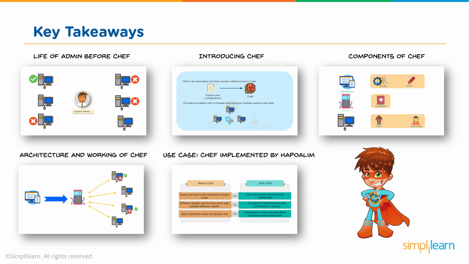And Knife is the tool that does that communication. Ohai and the Chef client on the various node servers will communicate back to the Chef server what the standards and the environment are, so that they can provide a two-way communication to validate that the system has been set up and is being maintained to the same standards as defined by the individual recipes.